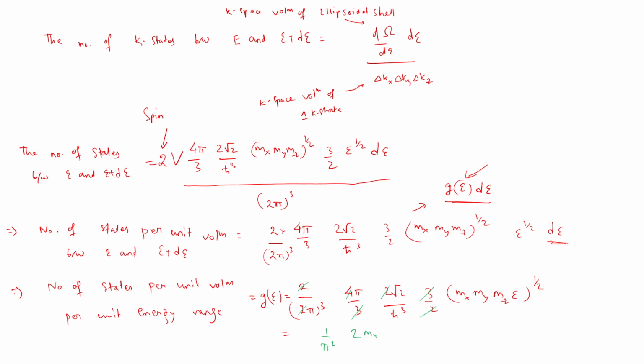So 2 mx my mz to the power 1 by 2, and there would be this h bar cube. So 1 h bar I can take into this, so it will be h bar square, because there is this 1 by 2 factor here. So this is your required answer. This is how you do the density of states calculation for this ellipsoidal problem.